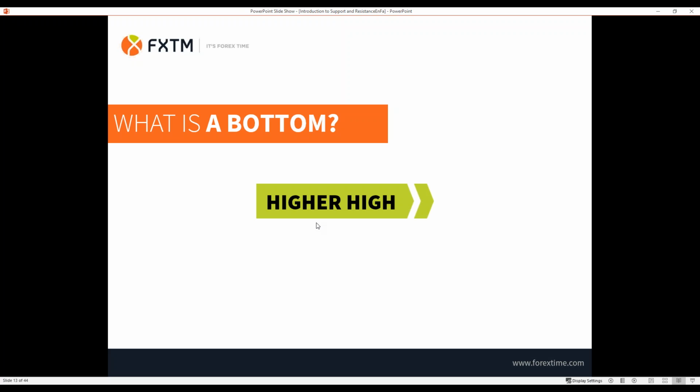What is the bottom? Higher high. So you see that for this definition, what we care about is that this high is higher than the previous one. And if this condition is met, then the low is going to be the bottom.